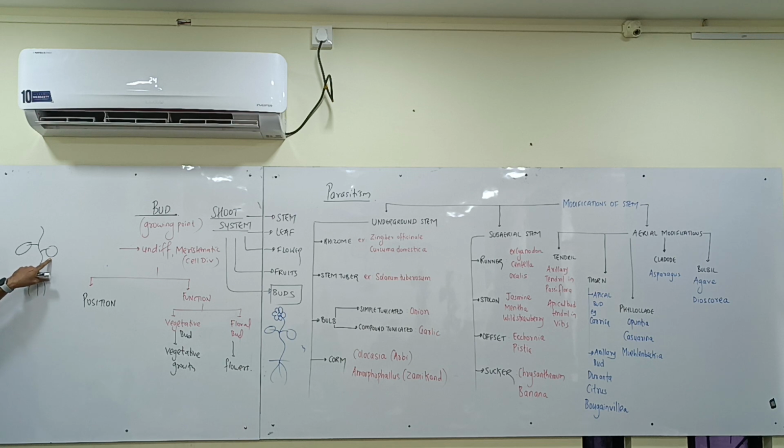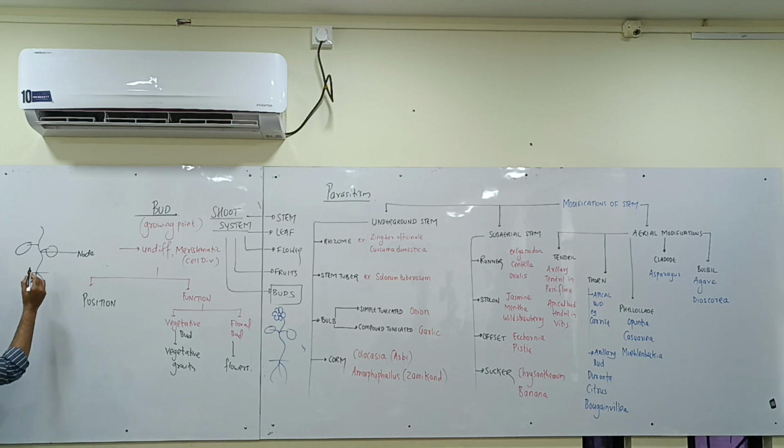The point of attachment of the leaf to the stem is called a node. The distance between two nodes is called an internode. Correct? Now, I am concentrating at the node. You remember the node, everyone? Yes. The point of attachment of the leaf to the stem is called a node.